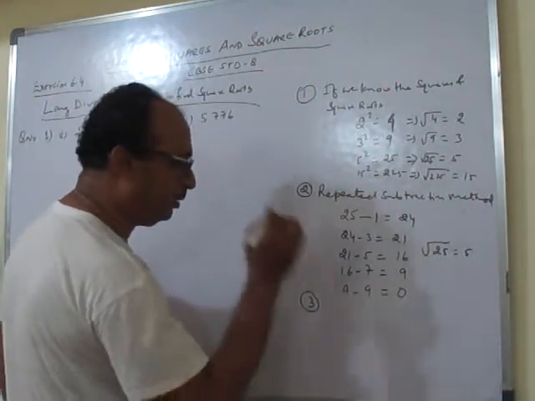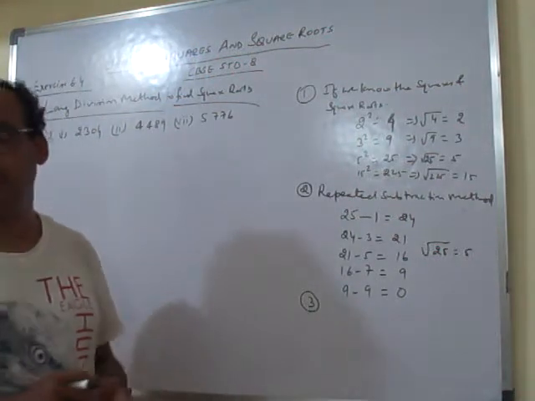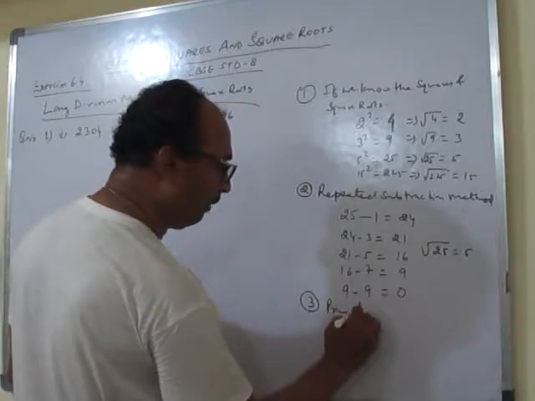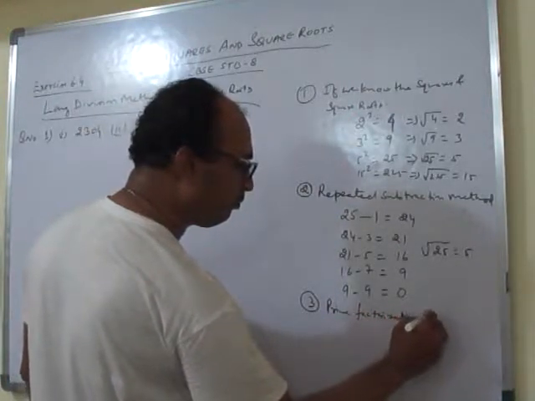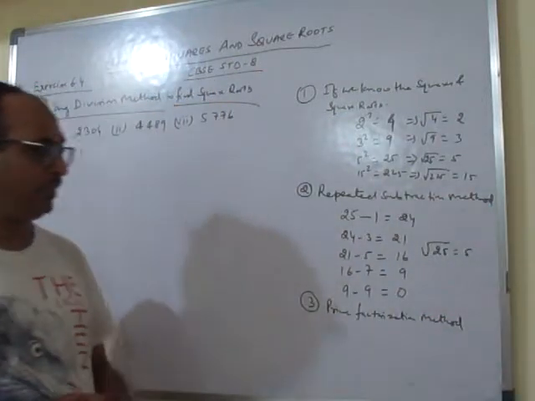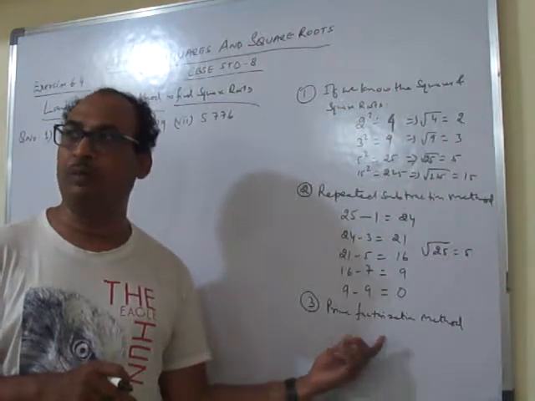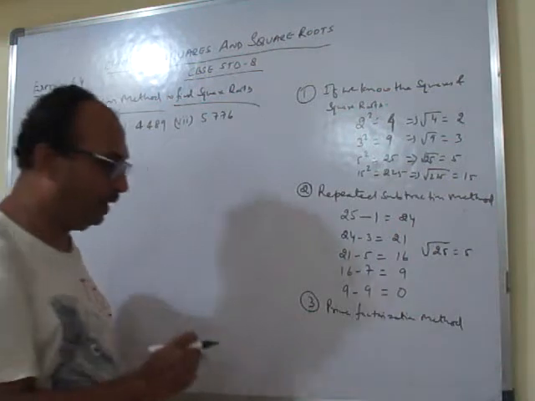The third method we have utilized is called the prime factorization method. In this method, we find prime factors and group them into 2.